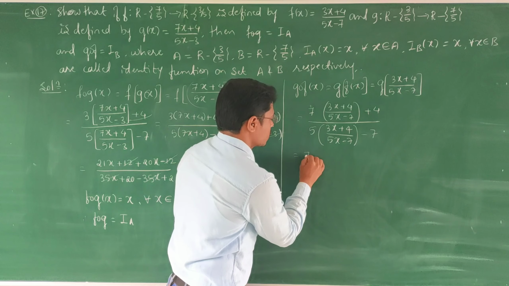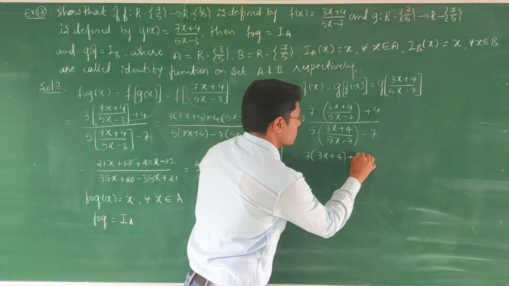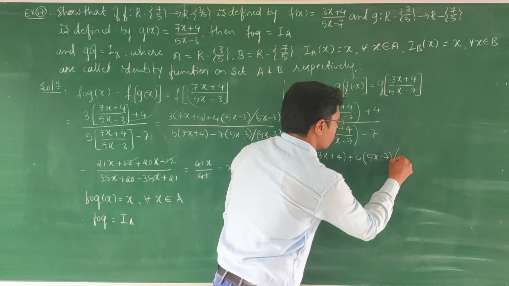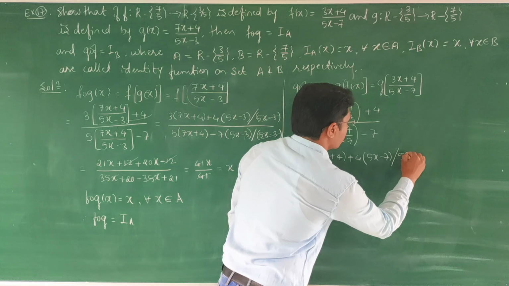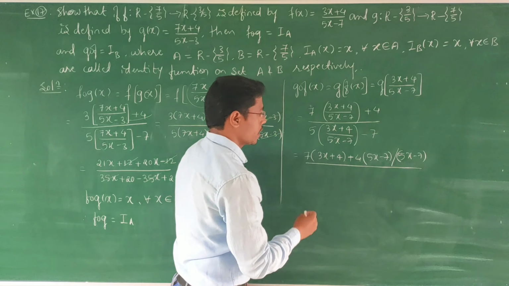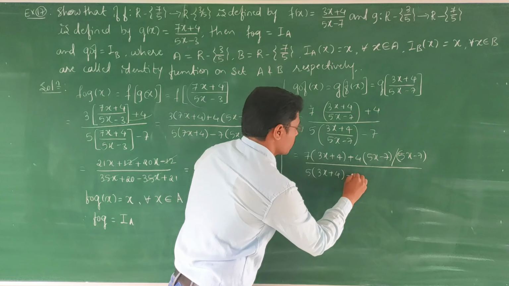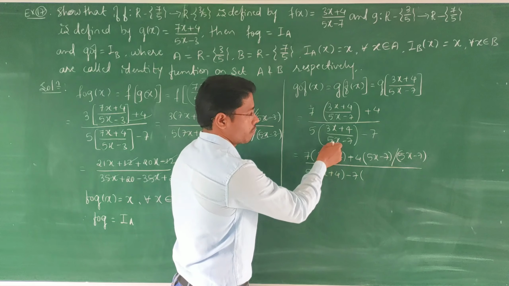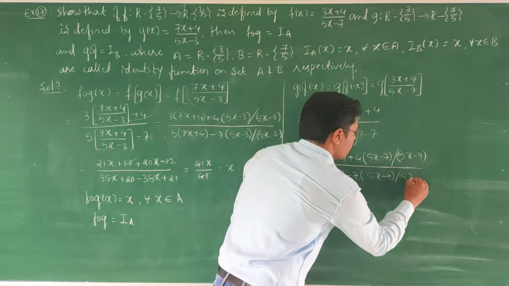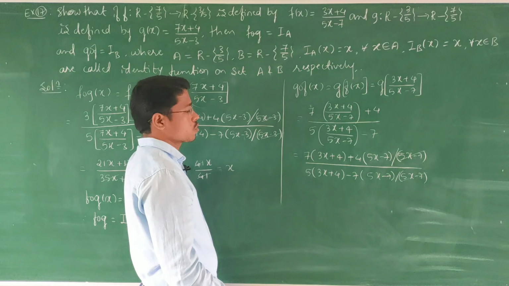So this is equal to 3 into 7x plus 4, taking LCM 5x minus 3, whole divided by 5x minus 3, whole divided by 5 into 7x plus 4 minus 7 into 5x minus 3, the LCM 5x minus 3, whole divided by 5x minus 3. So now cancel the term 5x minus 3 on both sides.